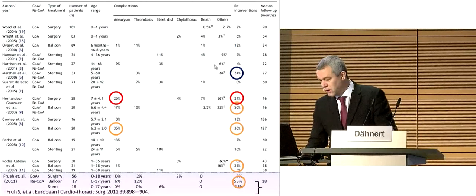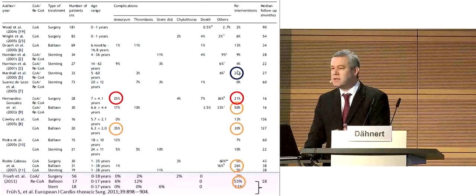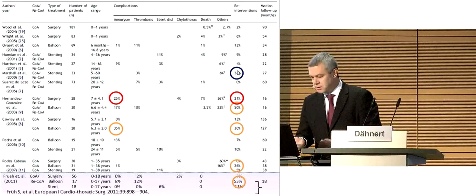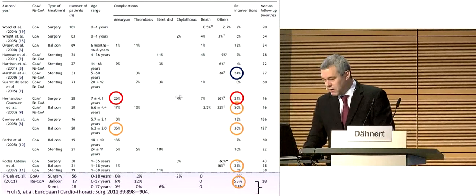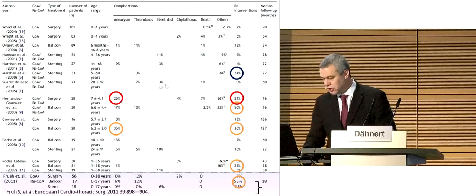And of course, there are 21%, I'm sorry, 21%, not 20, and 24% in some stent series because they put the stents into small children. We have aneurysm rates of up to 35% in some balloon series, but up to 25% in some surgical series.